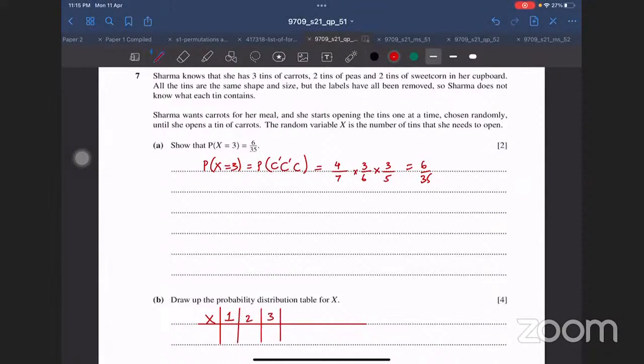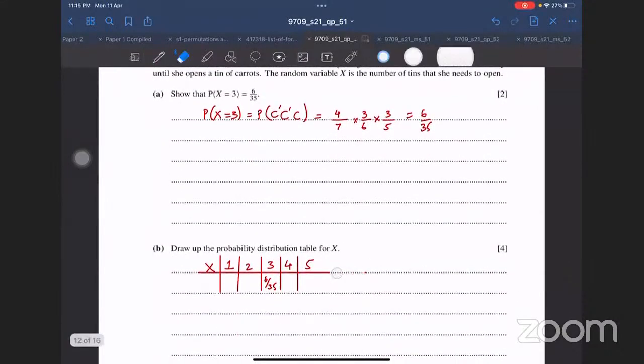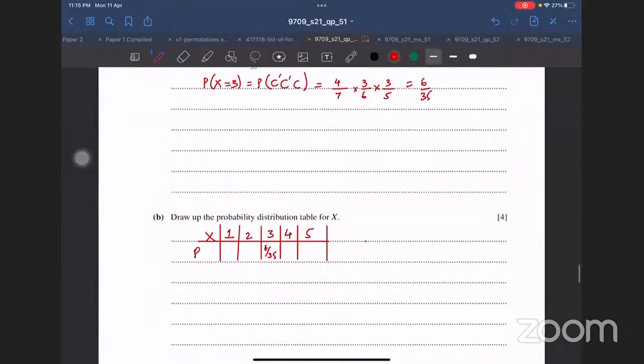That's what I just calculated. So I'm going to write 6 over 35 here. It's also possible that it takes 4 attempts. But she's absolutely sure that when she opens the fifth can, even if she was unsuccessful on the first four, then she's going to be successful on the fifth one because she would have exhausted all the other cans.